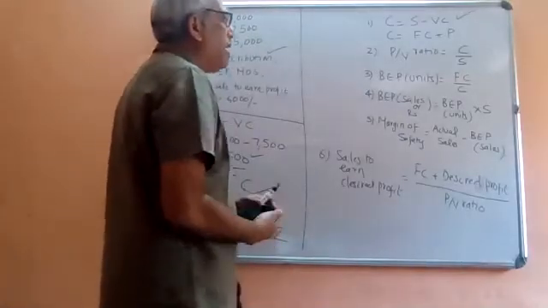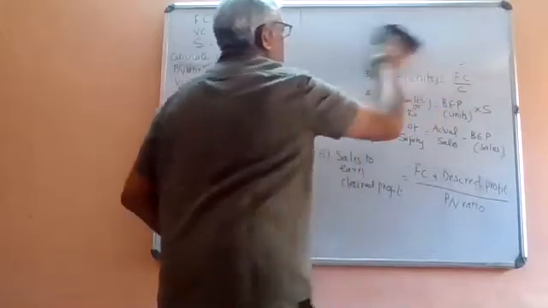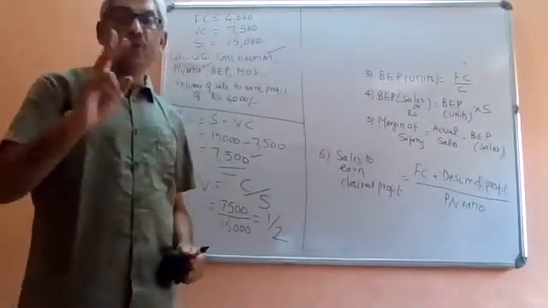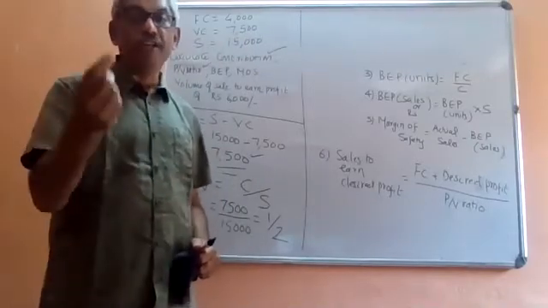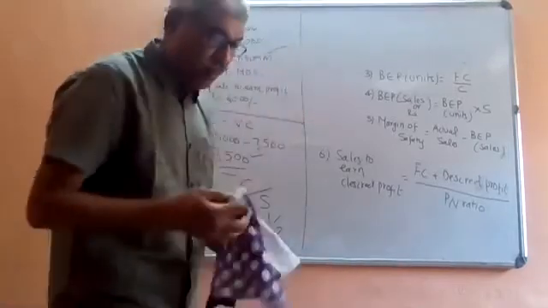Now we have to calculate break-even point units. For break-even point, we have to calculate two things: one, break-even point units, and second, break-even point rupees. Let us calculate both. First, break-even point units.